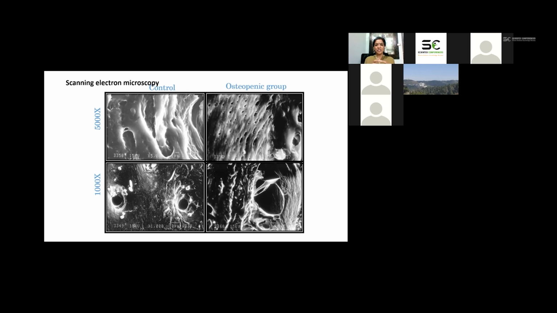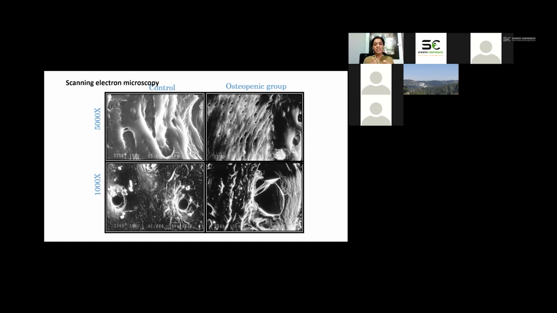Because if the Haversian canal gets bigger, water will go inside to accommodate that volume, and that means the polarization effect. When you pass an alternating current to that particular tissue, which has a bigger Haversian canal and more water, it will behave in a different manner.